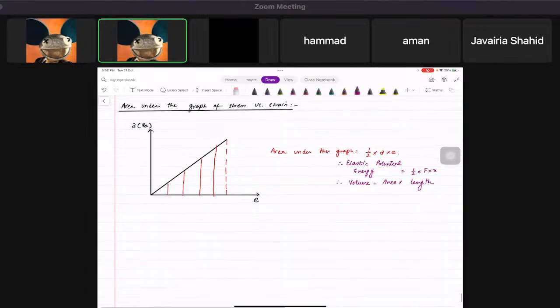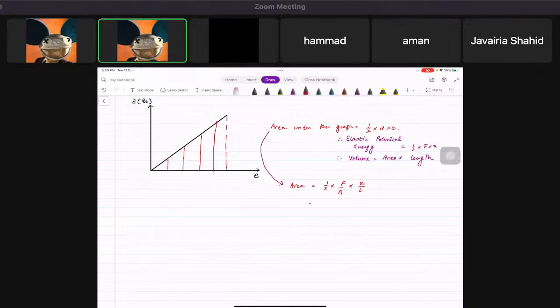Now if you look at this part again, you would actually realize that the area basically gives you half. The stress can be written as F upon A, force over area, and the strain can be written as X upon L. Now if I just multiply, I get half times F times X over area times length, that would be it, right?